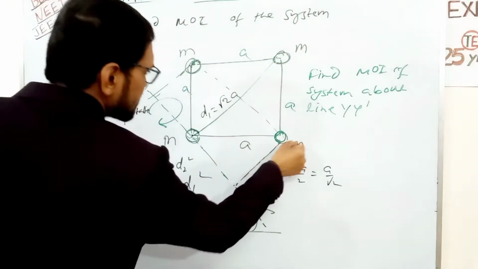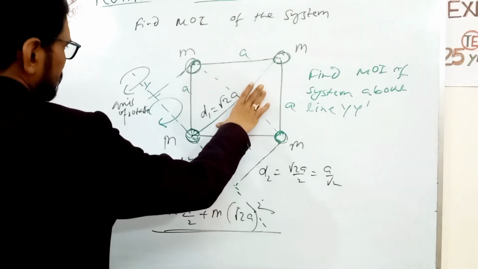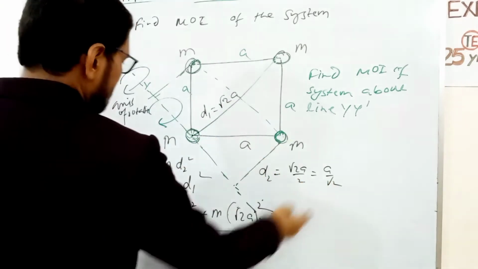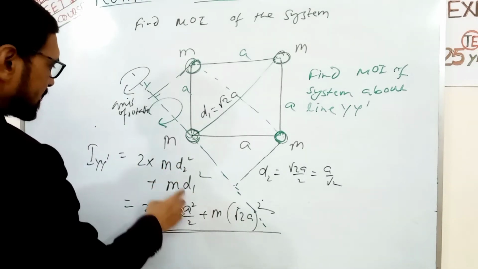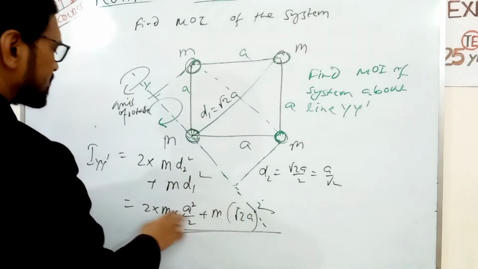This distance is the diagonal of the square, root 2 a. Half of the diagonal is this, so 2 into m into d2 square plus this, d1 equal to this. So this is the answer.